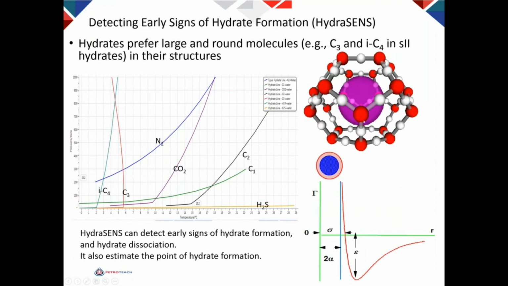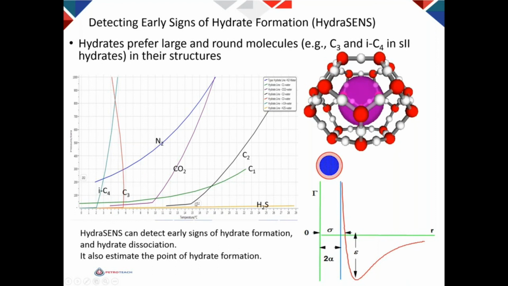The other novel idea or new development is using this property of different components in forming hydrate. So if hydrate forms, compounds like IC4 and propane or H2S will be trapped in the hydrate structure. Therefore, the concentration of these compounds in the gas phase is reduced.